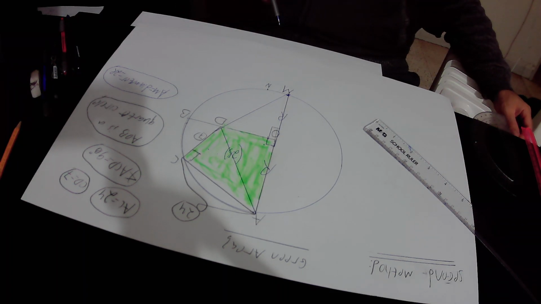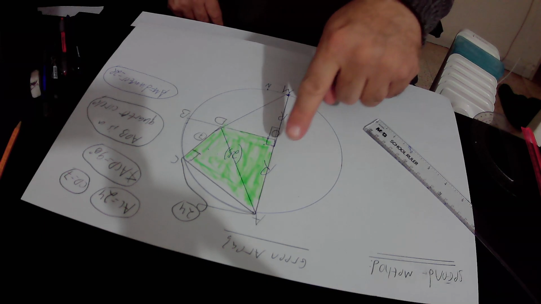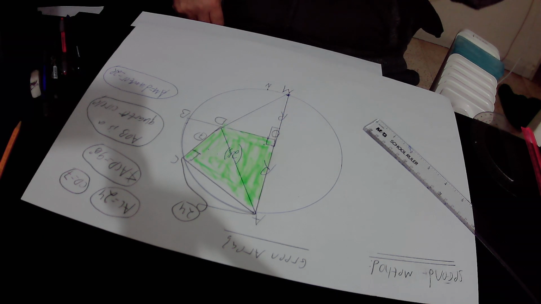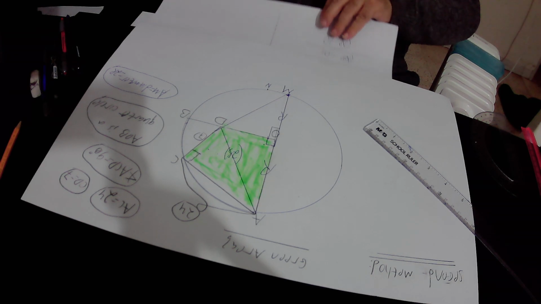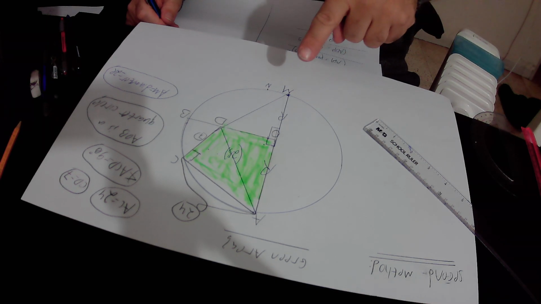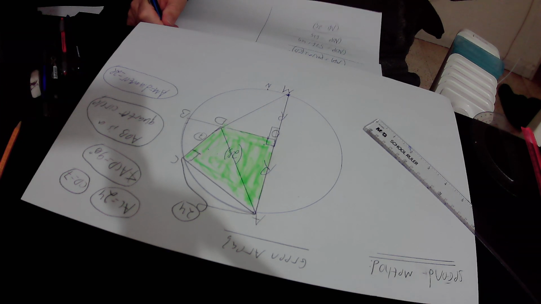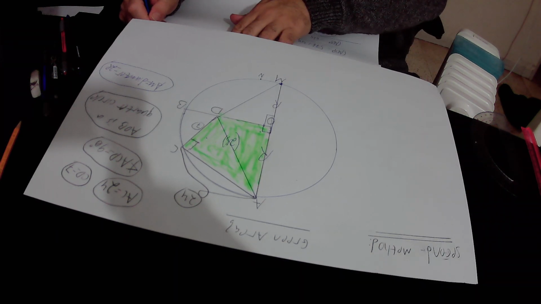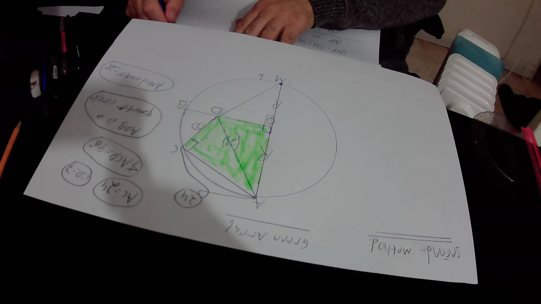In the next step, we prove that the right triangle AOD is congruent to the right triangle DOM. So I write it down. The right triangle AOD is congruent to the right triangle MOD. So why are those two right triangles congruent to each other?